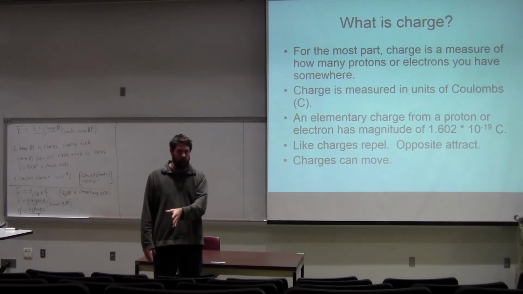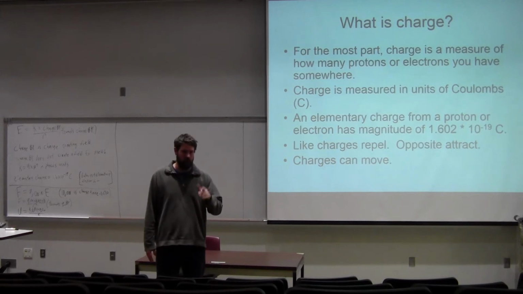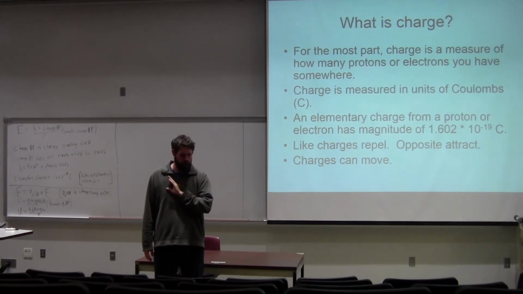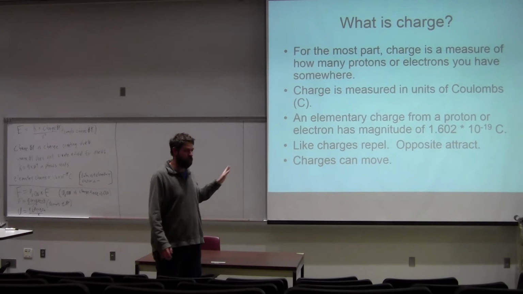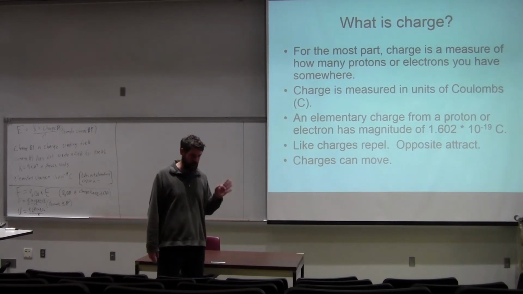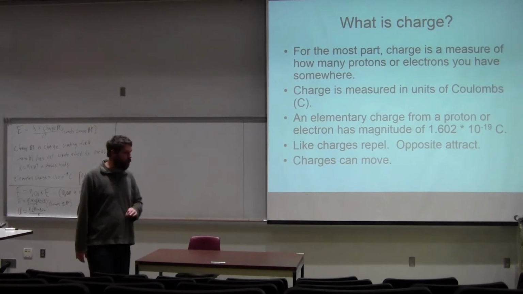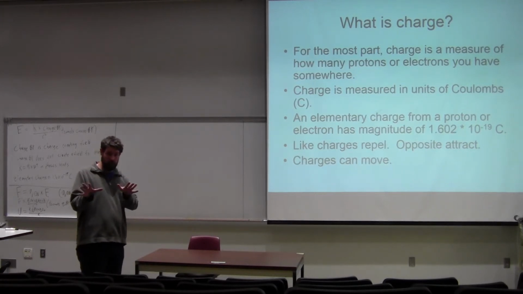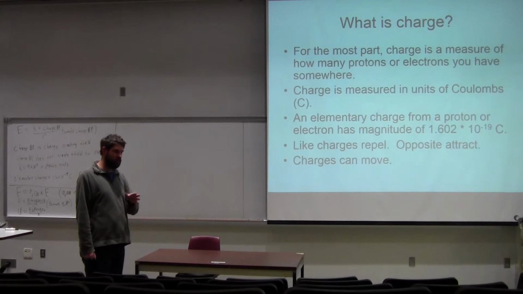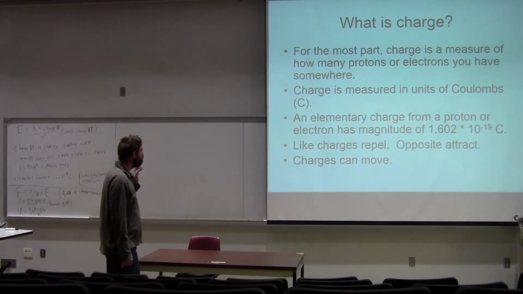Direction is insanely important, and if you leave off direction, you will be absolutely lost, especially if you're in a trig-based course. But since this is the algebra-based course, directions are a little bit less important. Still important, but not so much so that they're going to completely destroy you.